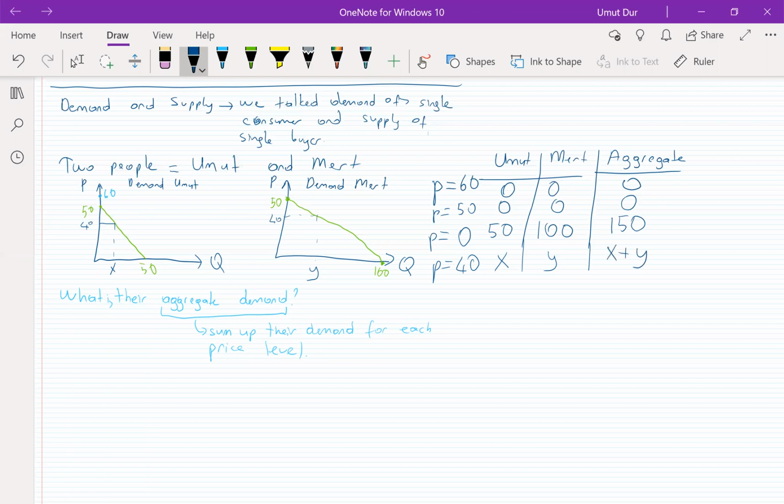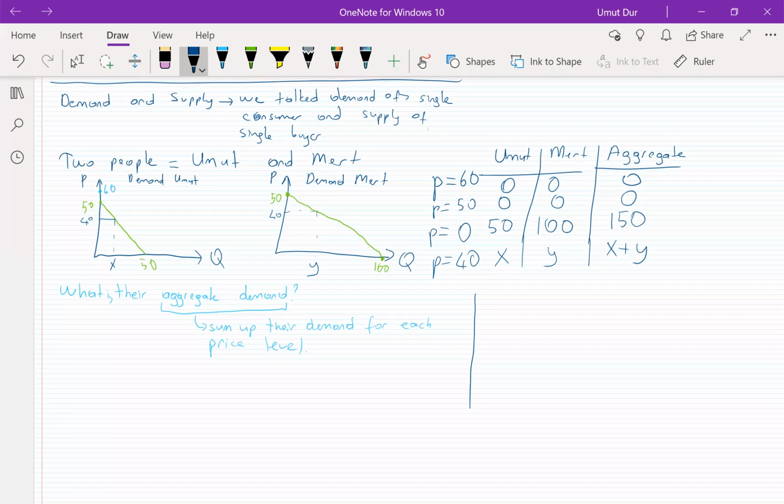So this is the logic here. For finding the aggregate demand, I'm just summing up the corresponding demands of the individuals. If I want to draw the aggregate demand curve, it will look something like this. This is the aggregate demand curve. It is starting from 50.